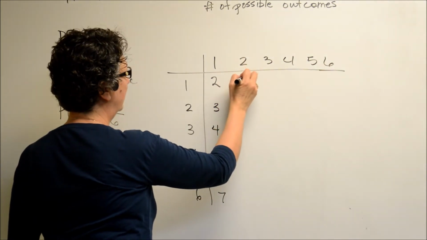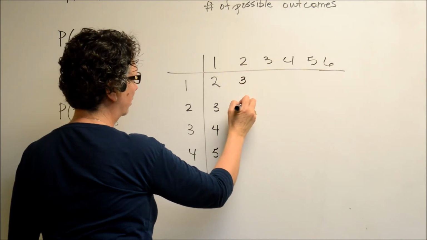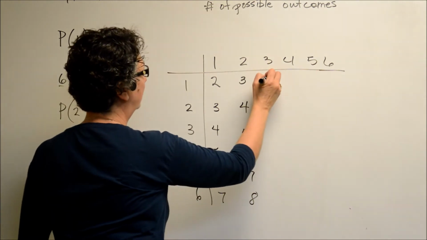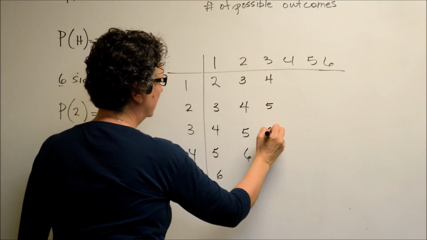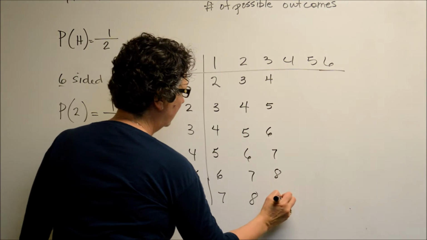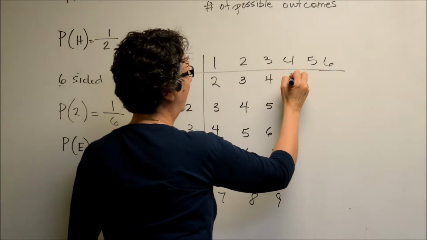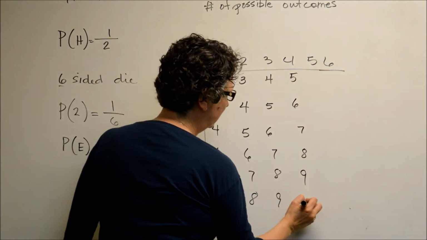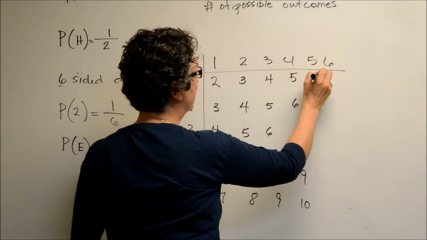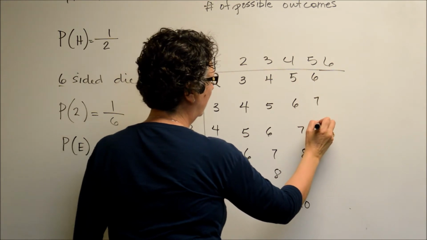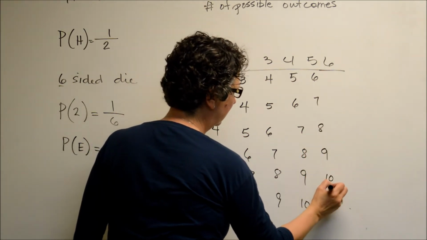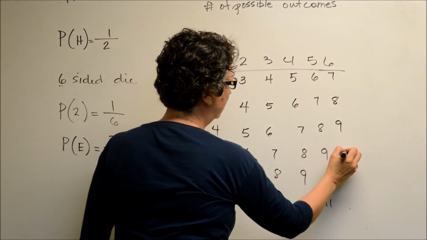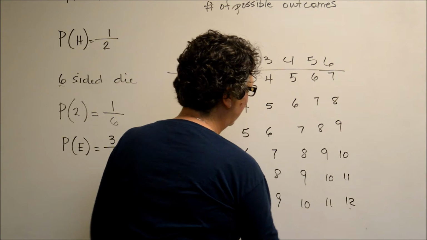You can see this chart in your book. 3, 4, 5, 6, 7, or 8. 4, 5, 6, 7, 8, 9. 5, 6, 7, 8, 9, and 10. 6, 7, 8, 9, 10, 11. And 7, 8, 9, 10, 11, 12.